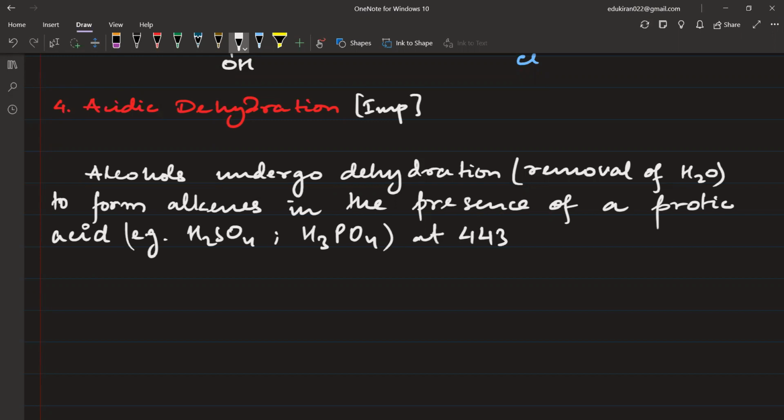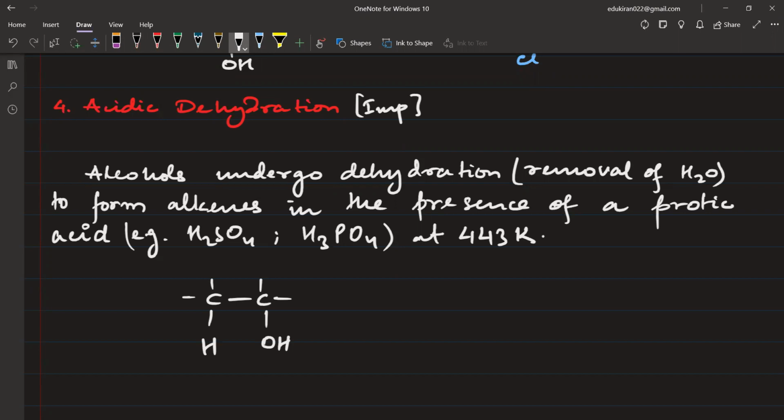At 443 Kelvin. Please take care of this, because at milder conditions something else happens. At 443 Kelvin you will remember this. Now what happens in general: we can write a carbon atom with OH, and one of its adjacent carbon atoms should have hydrogen.